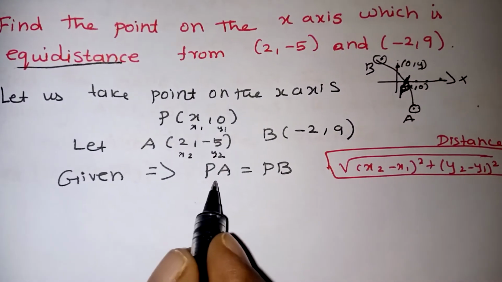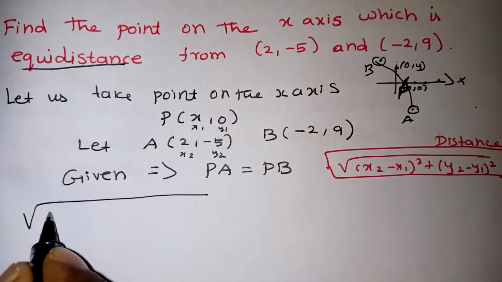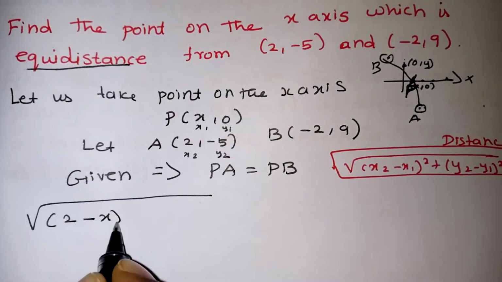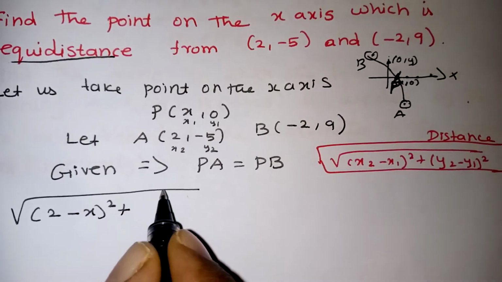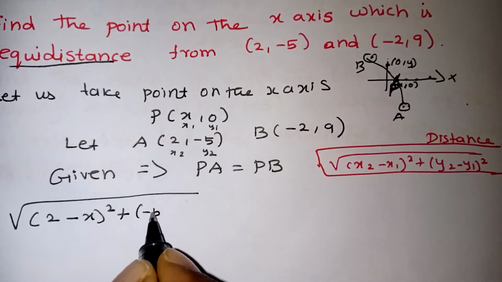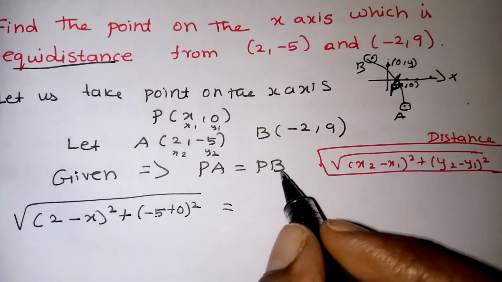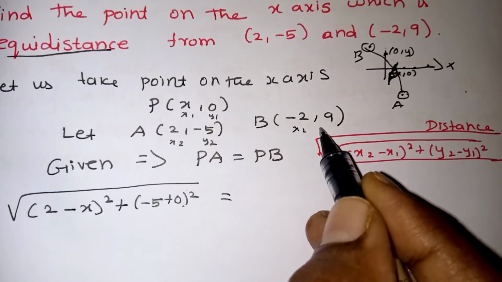Let's apply here for PA: root of x2 minus x1. This is my x2, so (2 minus x) the whole squared plus (y2 minus y1), where y2 is -5 and y1 is 0, the whole squared, which is equal to PB. Again, P is x1, y1 and B is x2, y2 now.